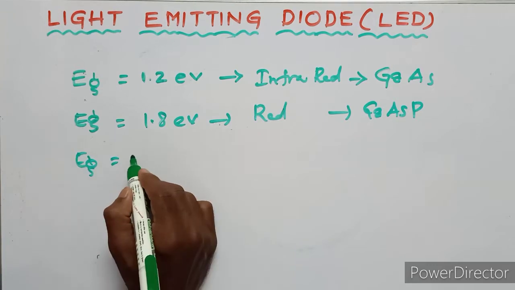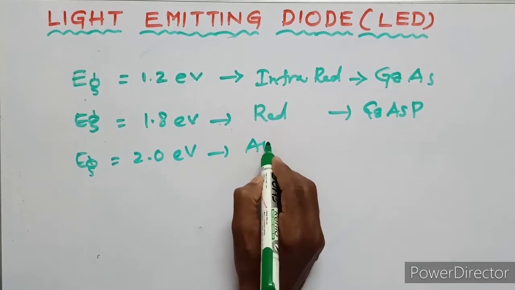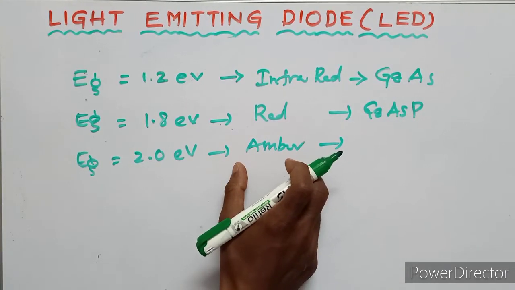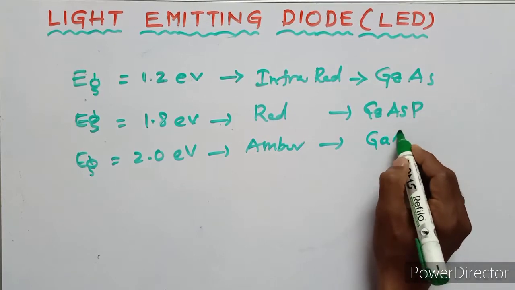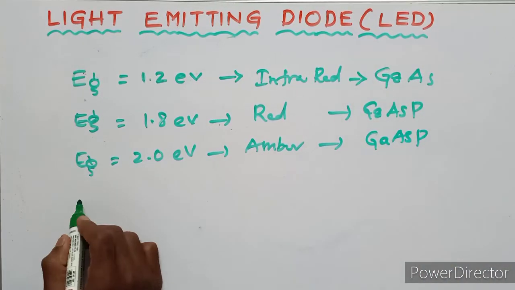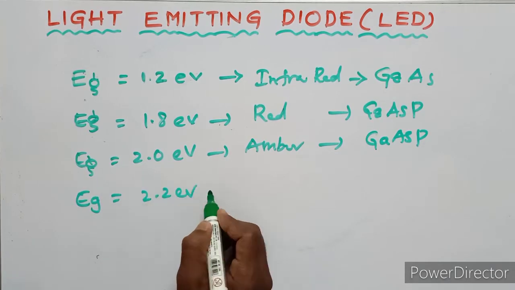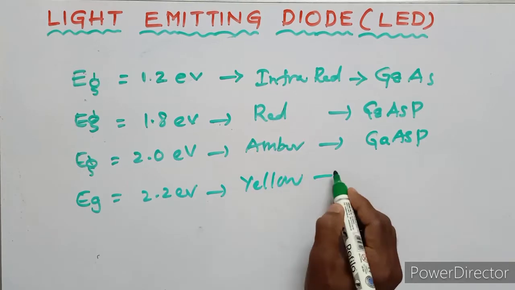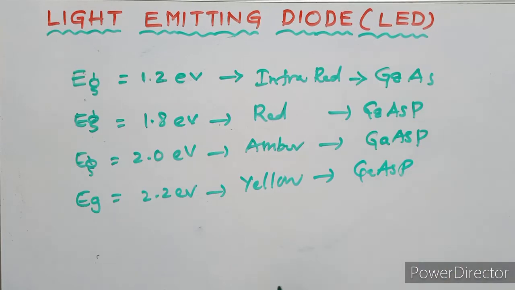An energy gap of 2.0 electron volts is amber, that is nearly yellow color, and this is also the same semiconductor, gallium arsenide phosphide. An energy gap of 2.2 electron volts is the yellow color. The semiconductor material is gallium arsenide phosphide.